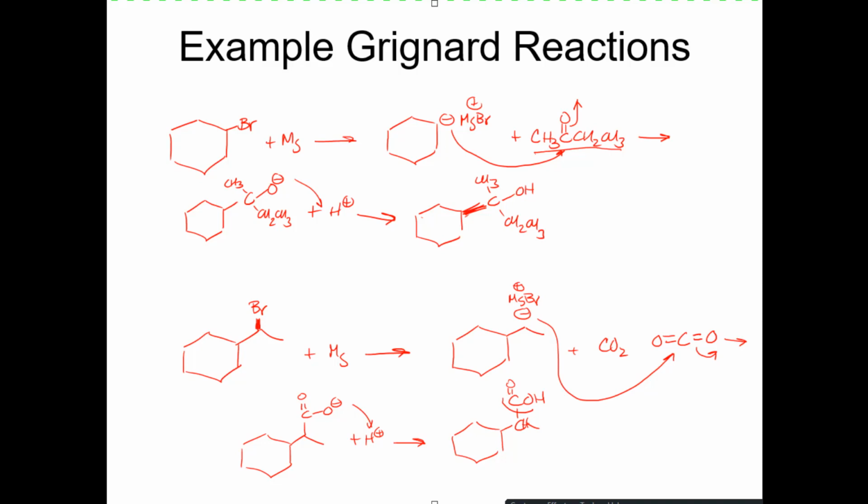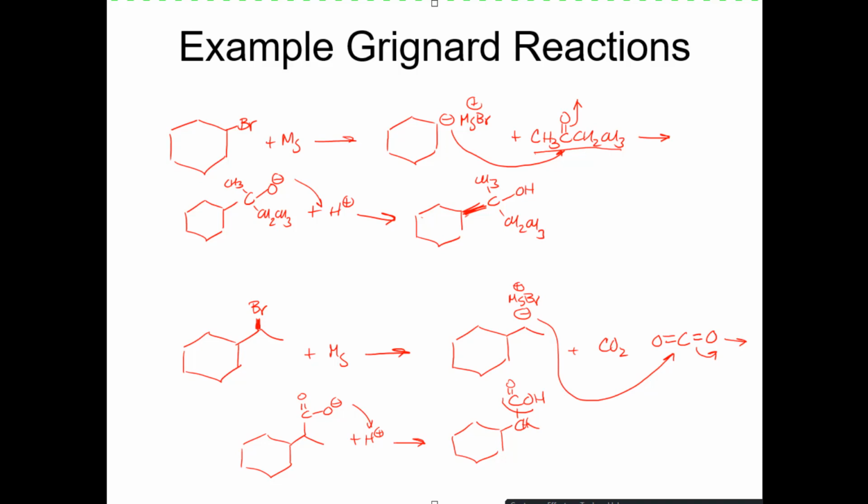I could replace it with a halogen. I could form a carbon-carbon double bond by doing dehydration on this alcohol, and all of the other reactions that we're going to talk about with alcohols. So that's the importance of synthetic organic chemistry, building up molecules, and the premium has always been forming carbon-carbon bonds.